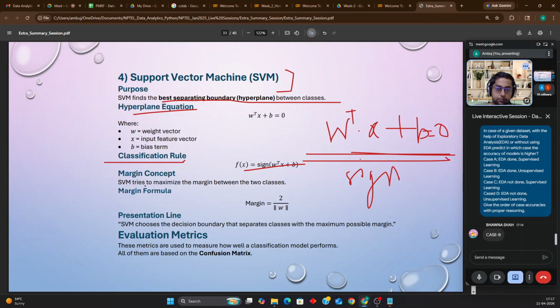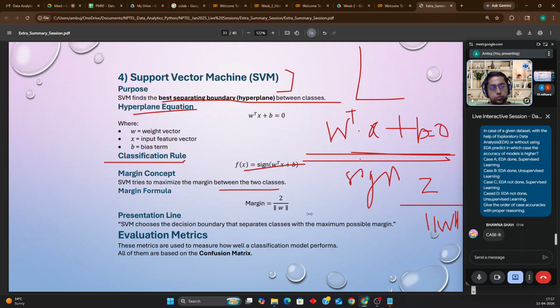SVM tries to maximize the margin between the two classes, and the margin is 2 divided by the norm of w. SVM chooses the decision boundary that separates the classes with the maximum possible margin.